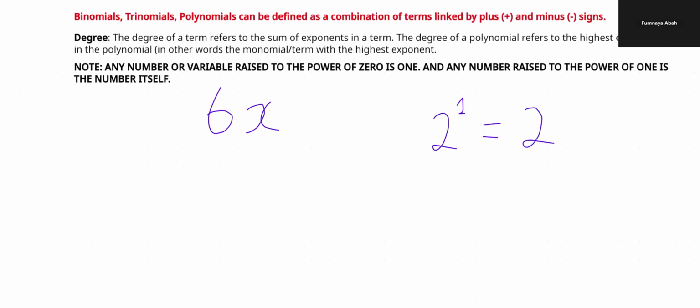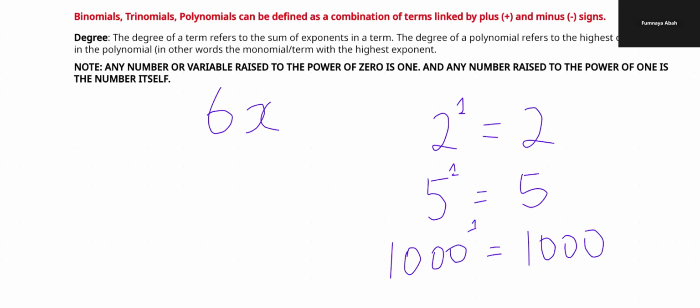Same with 5. 5 raised to the power of 1 is 5. And 1,000 raised to the power of 1 is also going to be 1,000. So any number raised to the power of 1 will always be that number.